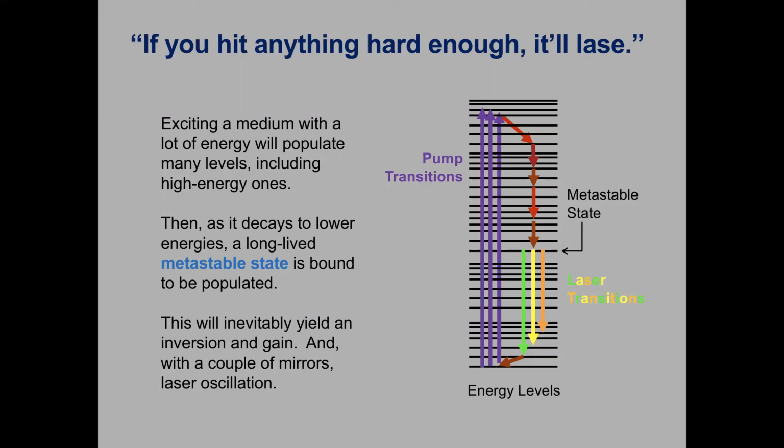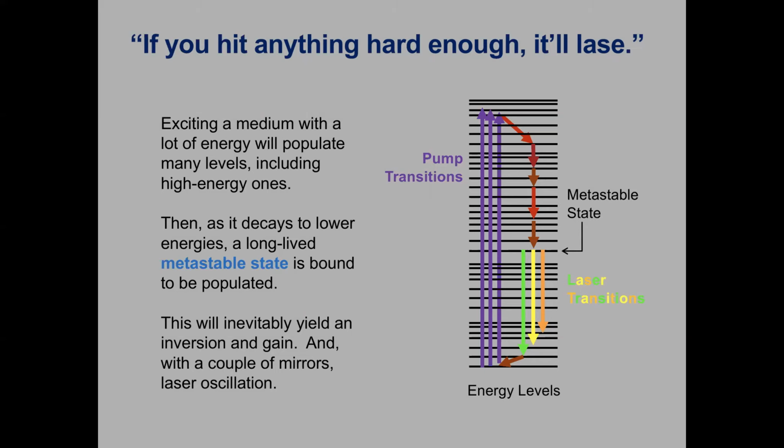This has led to the idea that if you hit anything hard enough with enough energy, it'll lase. And if you add a couple of mirrors on either side of this material, you can get the device to lase. So when lasers were first being developed, there was a big rush in the field to see if you could get different things to produce a laser beam.